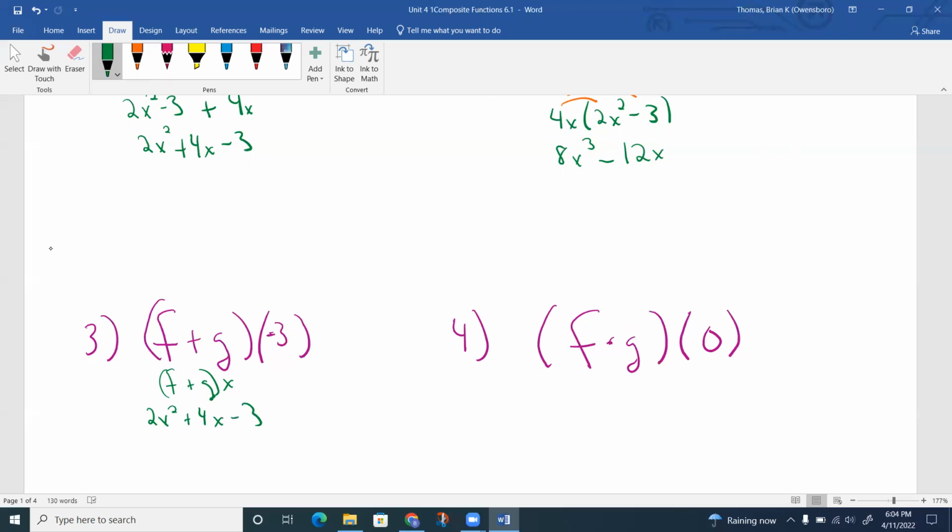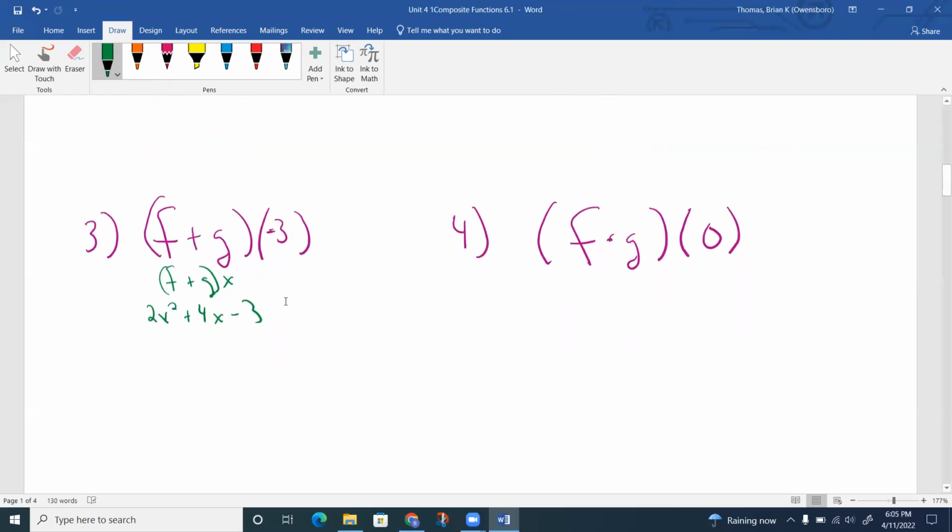That was f plus g, and we've already done that math. All we're doing now is replacing x with negative 3. So this becomes 2 times negative 3 squared plus 4 times negative 3 minus 3. Notice how we substitute the negative 3 in for x. Following the order of operations, we have to square the negative 3 first.